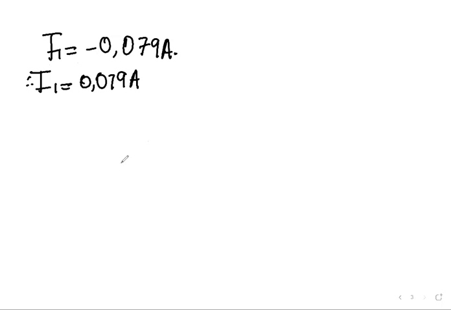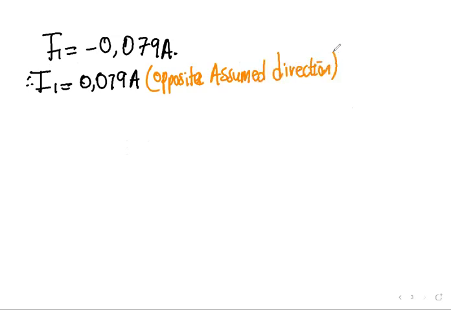So therefore I1 equals 0.079 amperes in the opposite assumed direction. Right? So that's how basically we solve this.